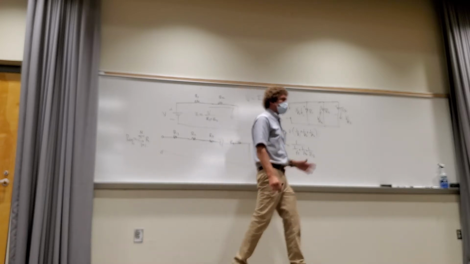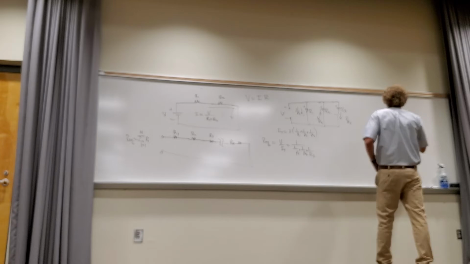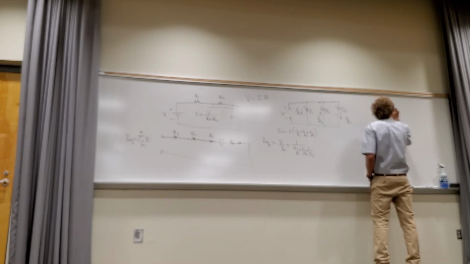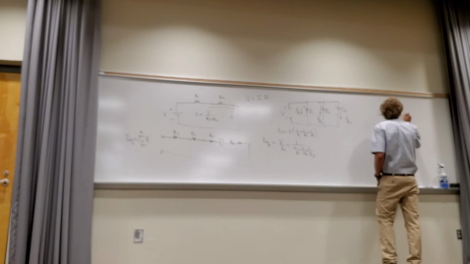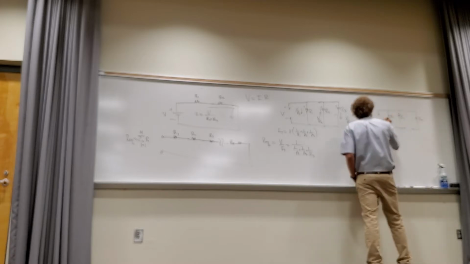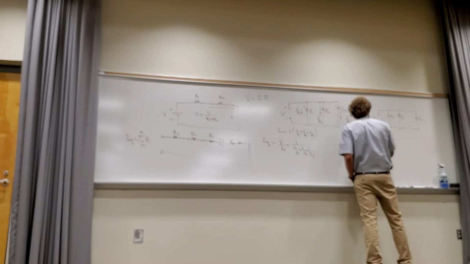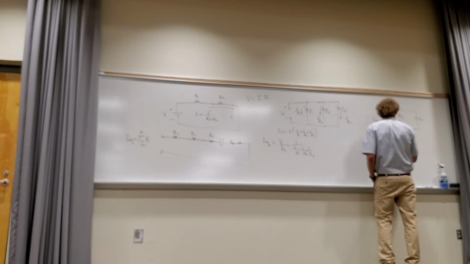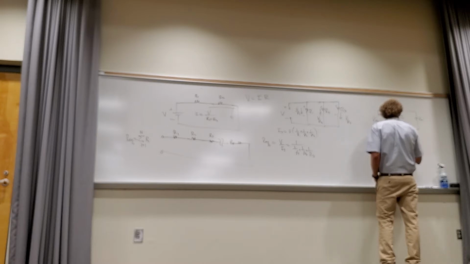In general, if you have any number of resistors in parallel, so if you wanted the equivalent of something where you had R1, R2, R to the N in parallel, the R equivalent here would be equal to 1 over R1 plus 1 over R2 plus 1 over R3 plus dot, dot, dot, 1 over Rn.